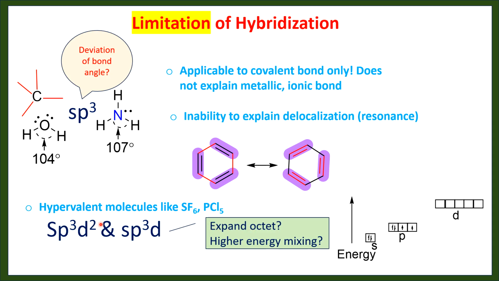Even these mix s, p and d orbitals to make this hybridization, but d has higher orbital energy than the other two. So how is mixing possible with that much energy difference? It is almost quantum mathematically impossible. So these are the limitations of hybridization.